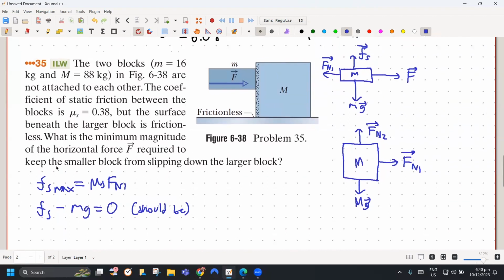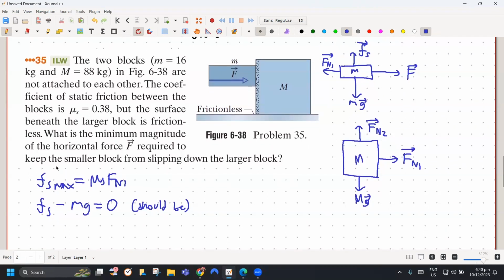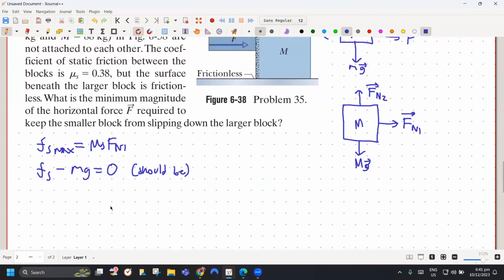Oh no, how will we find F_N1? The normal force is unknown. It's among the unknowns for now. F_s we can actually compute, so let's remove it from the unknowns.